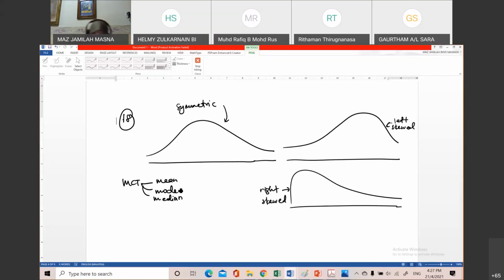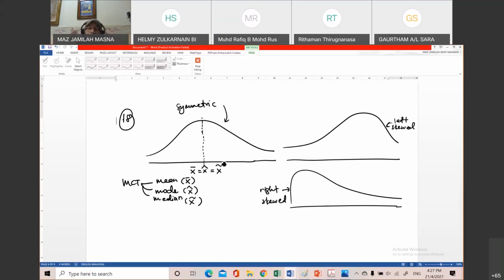Now listen carefully. Okay, so let's say I put this x bar, this is mode x hat, and this is median x curly. What happens if we have symmetric data or normal distributed data? Everything will fall in the same line. Means that your x bar is equal to x hat is equal to x curly. Means that your measure of central tendency will only have one value. Means that the mean is equal to the mode is equal to the median.